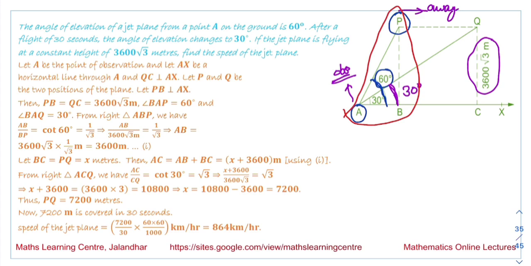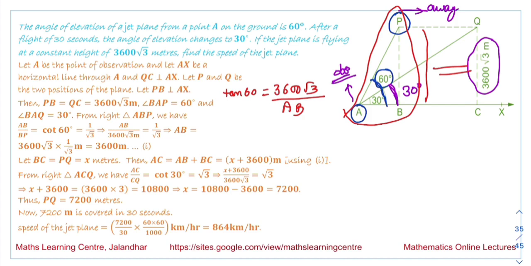In this triangle we have tan 60 is equal to 3600 root 3 over AB. This height we are saying, these two heights, are equal.